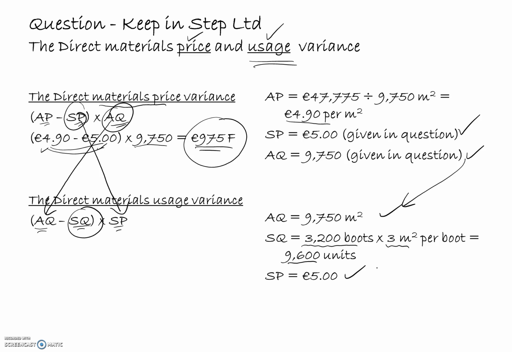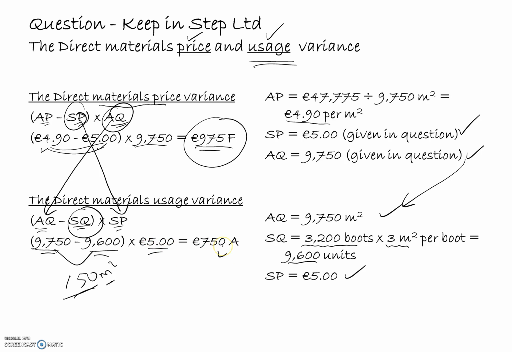So if I pop that information in here, what I get is 9,750 actual quantity compared to 9,600 standard quantity. So what that actually means is that 150 square meters of leather more than anticipated were used at €5 gives us €750 of an adverse variance.